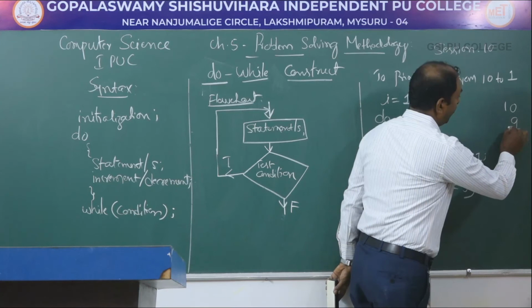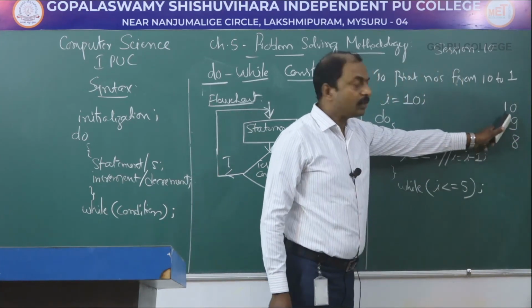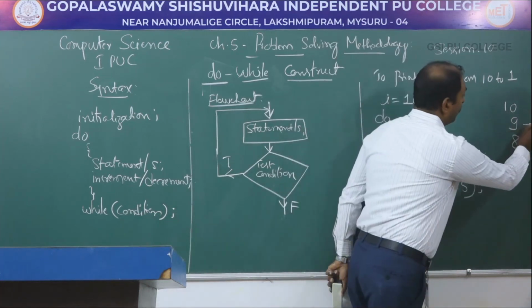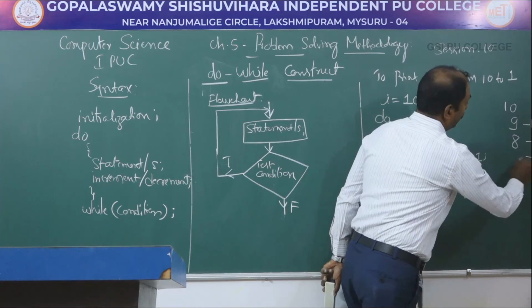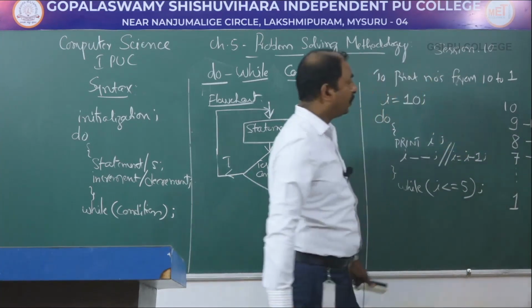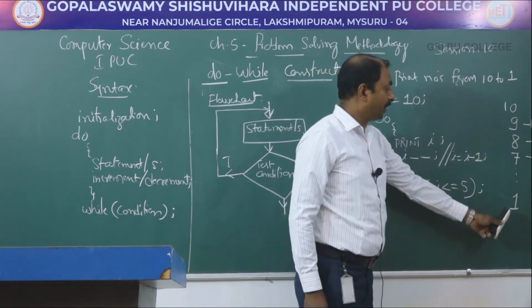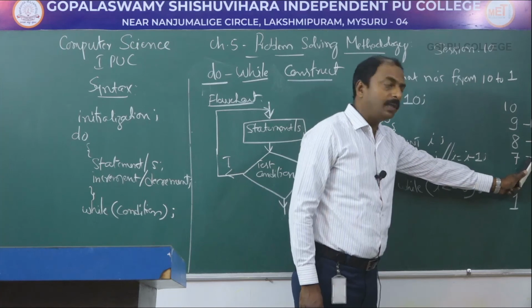Next one is 9, next one is 8. So 10 minus 1 is 9, minus 1 is 8, minus 1 is 7. It goes like this up to 1. If you look at the output here, there is a constant increment by minus 1.